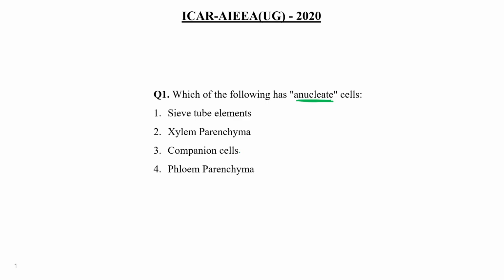The companion cell has a nucleus, and xylem and phloem parenchyma obviously also have nuclei. So the sieve tube element has its unique property. These are anucleated cells, and all their metabolic activity is regulated by the companion cell. Okay, so the correct answer is choice number 1.